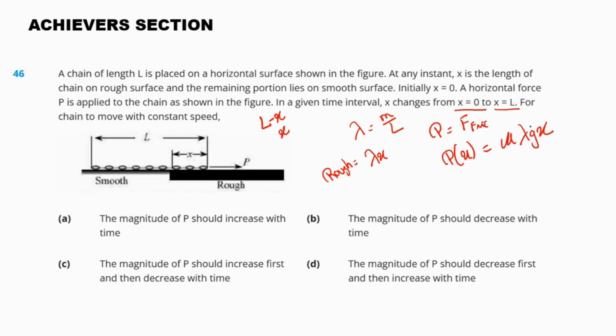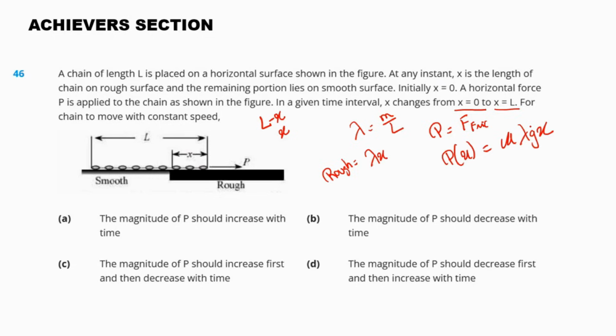Now, if we talk about the magnitude of P, at the initial moment, no part is on the rough surface. That means no friction. So P is equal to 0.